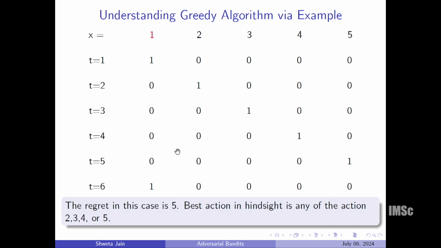What is the best algorithm here? The best algorithm could be to choose arm number 2, 3, 4 or 5. So for all the arms except one, the total loss is how much? 5. Or is it 4?